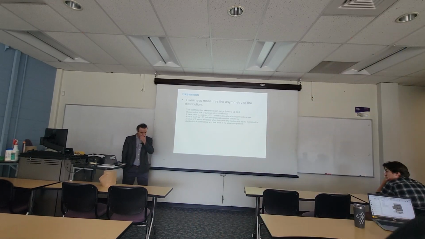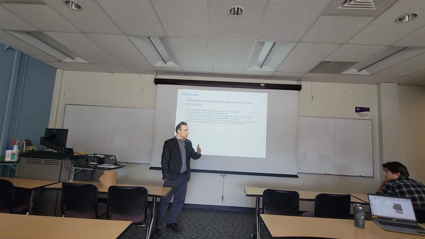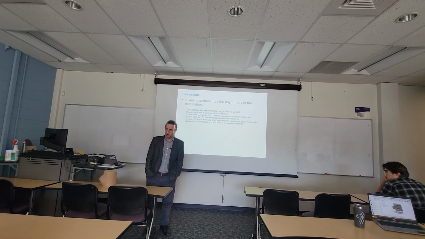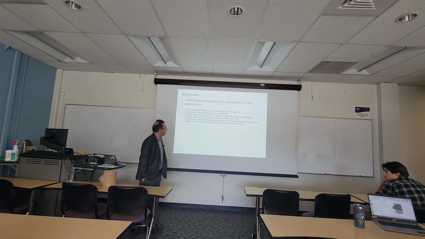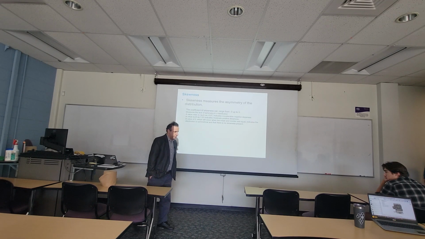Today we are still on chapter 17 of the textbook, and as you see, the textbook has some topics that we covered on quality control. We're gonna have a quick review on those topics. Skewness is one of the parameters that we pay attention to.